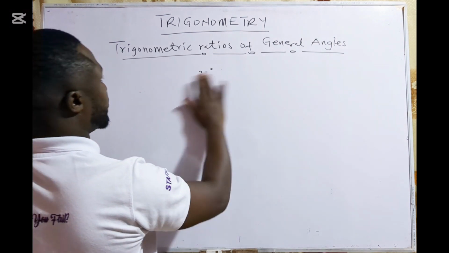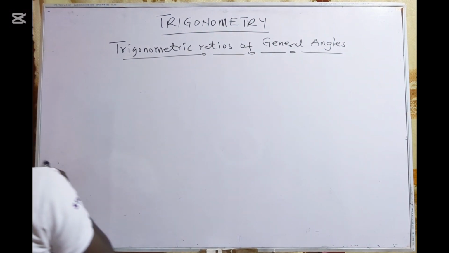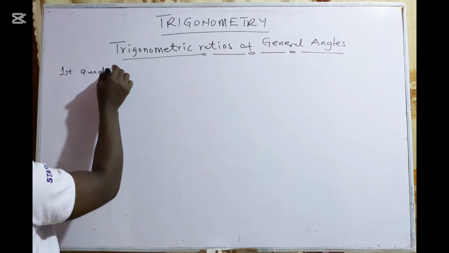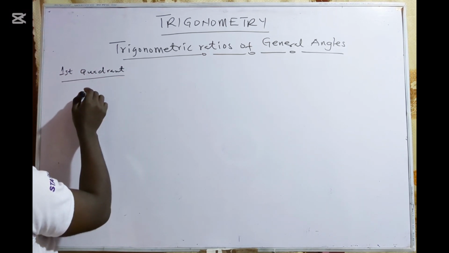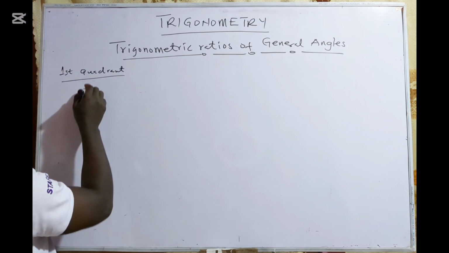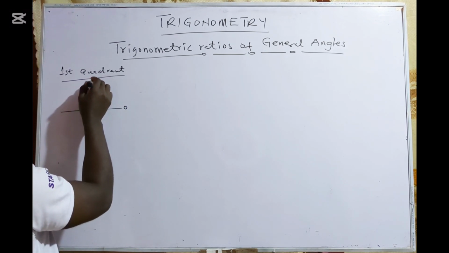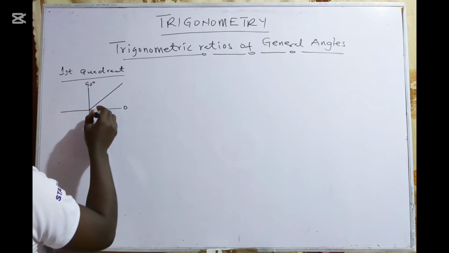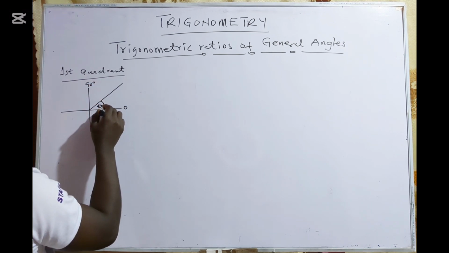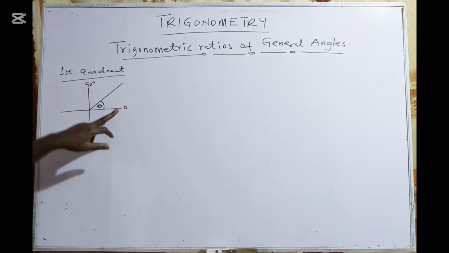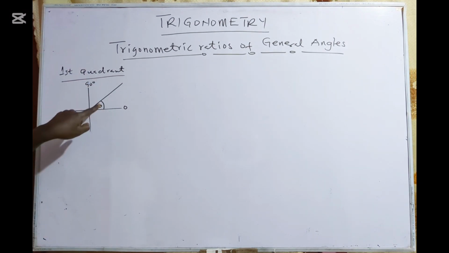Alright, so we know that in the first quadrant, the first quadrant is the acute. Alright, so we said we measure from 0, 90, that's the first quadrant. So the angle under consideration, since we measure from the positive x-axis in an anti-clockwise direction, so the first quadrant will be an acute, which may be here.